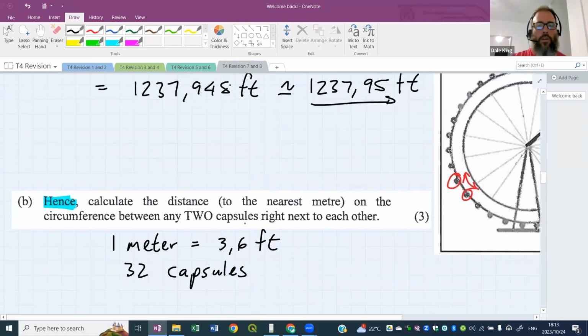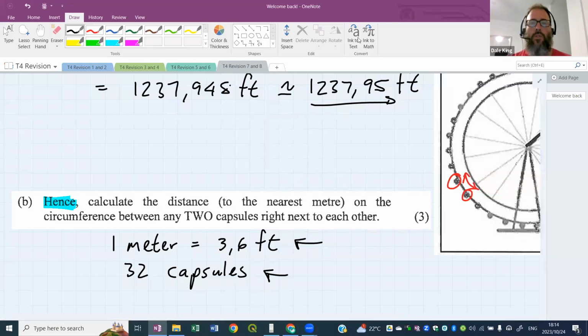I'm also going to show you the previous answer: 1,237.95 feet. I've given you a conversion over here, and I've told you there are 32 capsules. They want to know the distance between two capsules that are next to each other on the circumference.